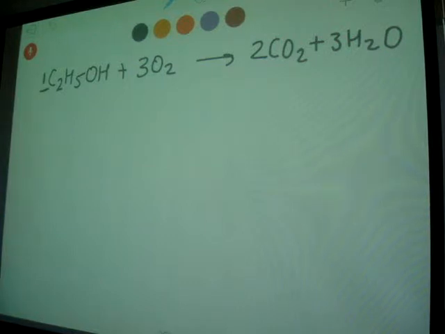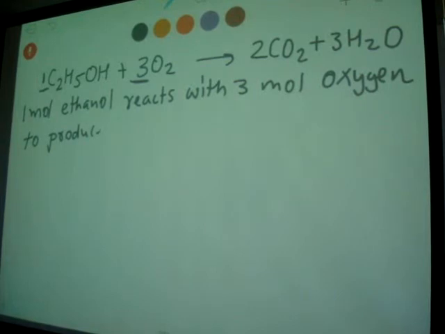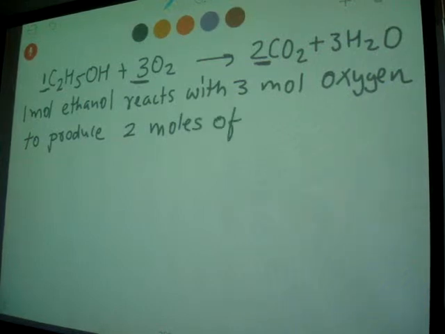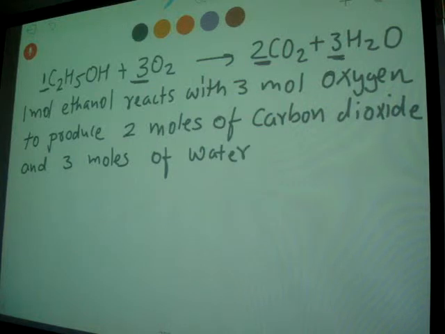So we say 1 mole of ethanol reacts with 3 moles of oxygen to produce 2 moles of carbon dioxide and 3 moles of water. So that's how we can interpret it, right?